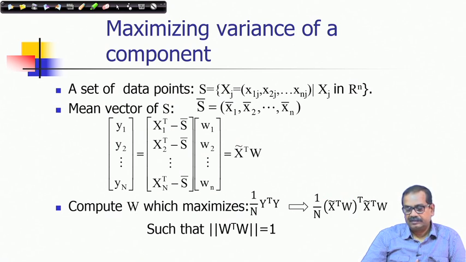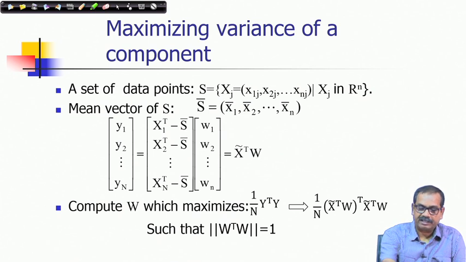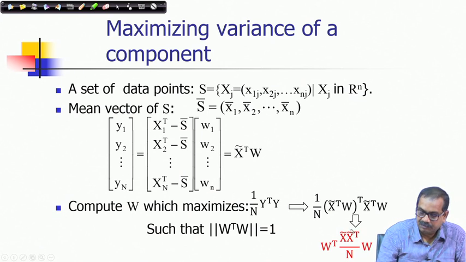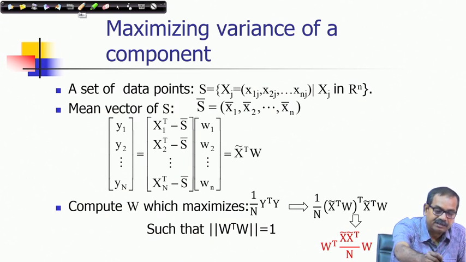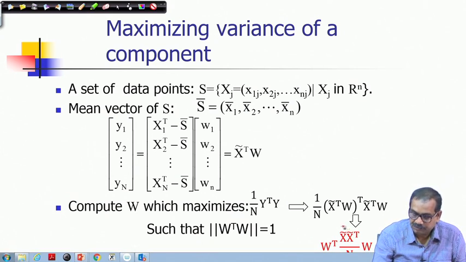And if I expand y transpose y, where y is X transpose W, this can be written in this form, giving the expression W transpose X tilde X tilde transpose W. This is a quantity which you should note.